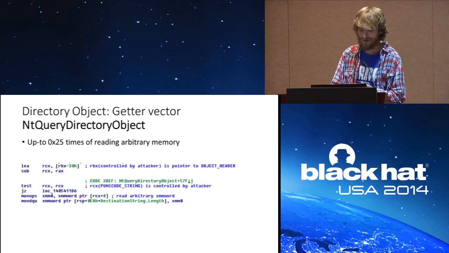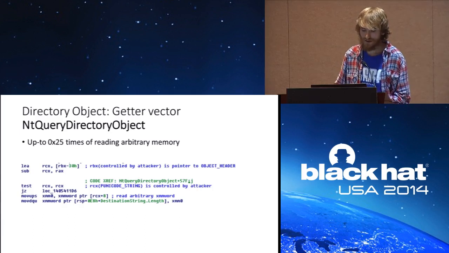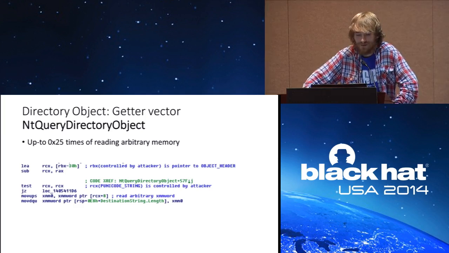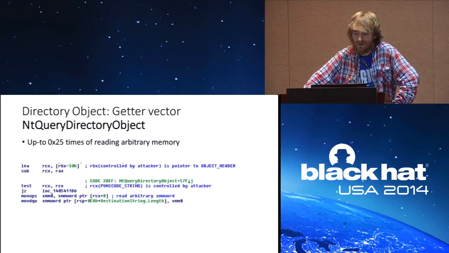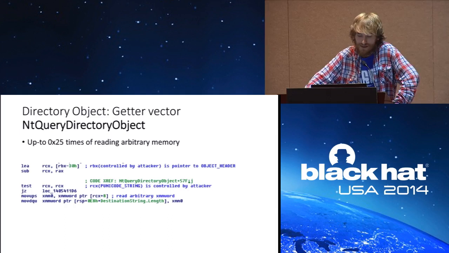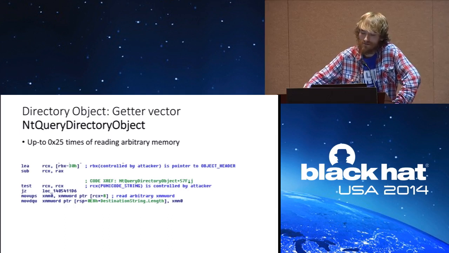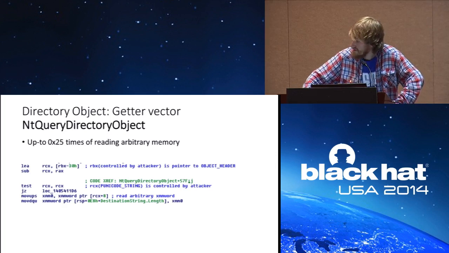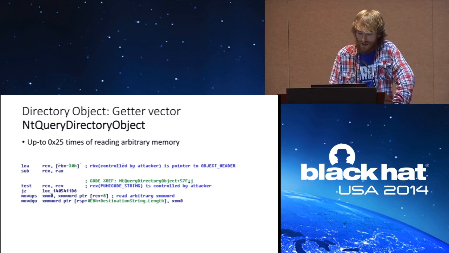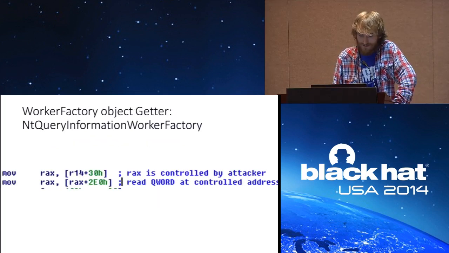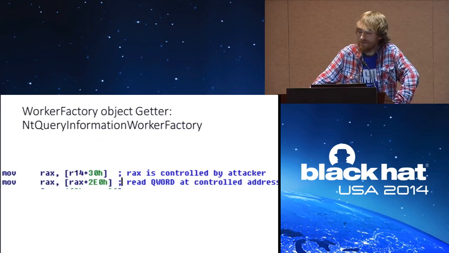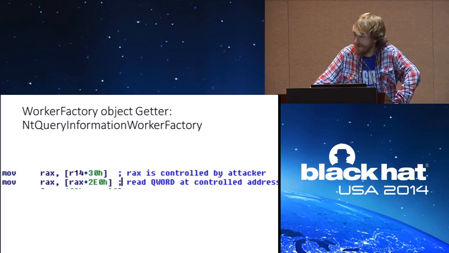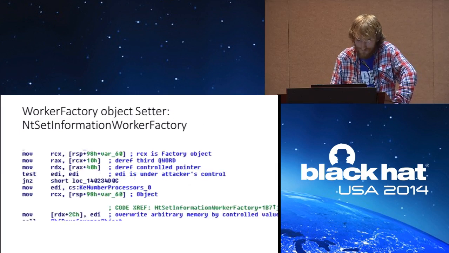This object contains an array of object headers, so you can craft up to 25 malicious object headers, and basically it leads to 25 in hex, so 37 times reading arbitrary memory using just one system service. Also, for example, query information worker factory leads to arbitrary memory read, but just 8 bytes, right?